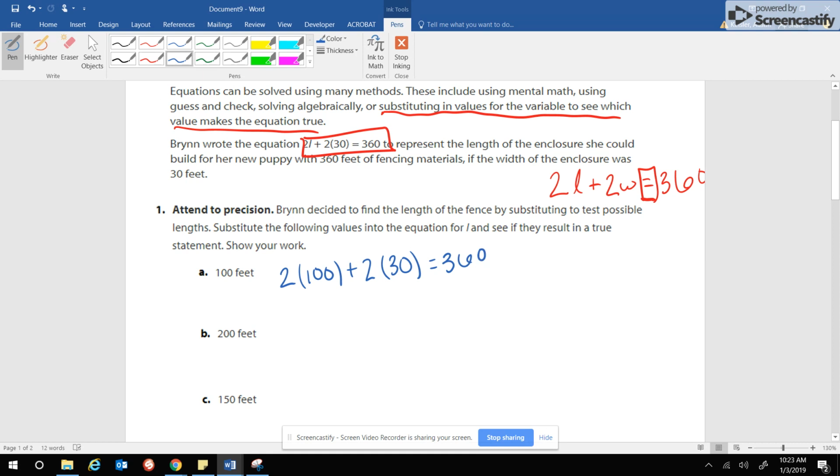So I know using my order of operations, I need to multiply first. And I get 200 plus 60. And I know that that's going to give me 260. And since 260 and 360 aren't equal, 100 feet does not work. So I'm going to go on to the next one and try that one out.